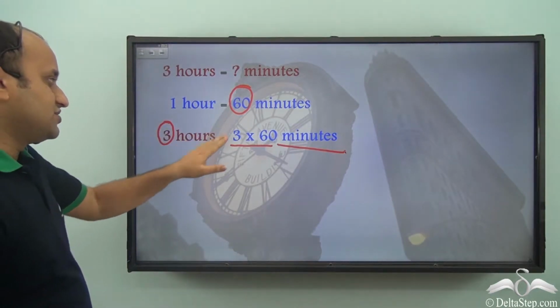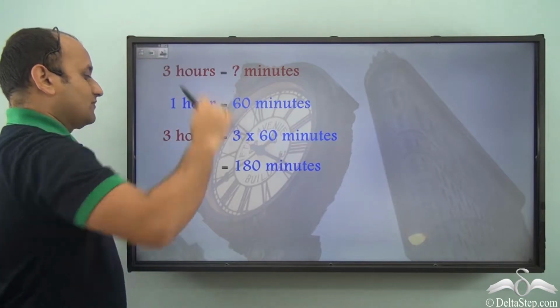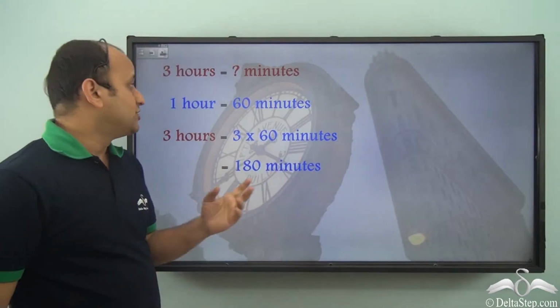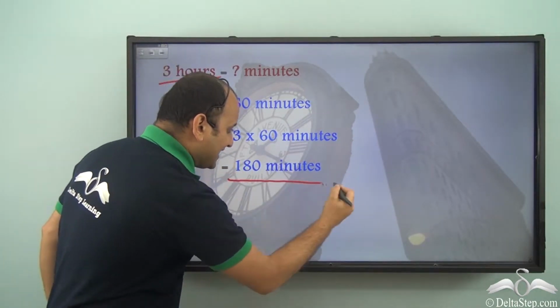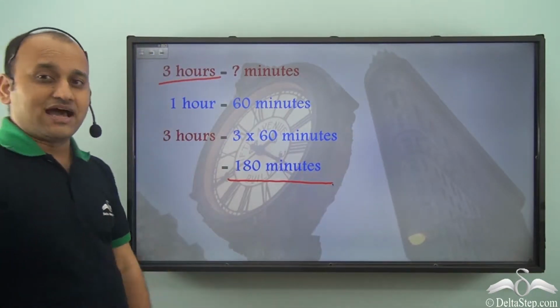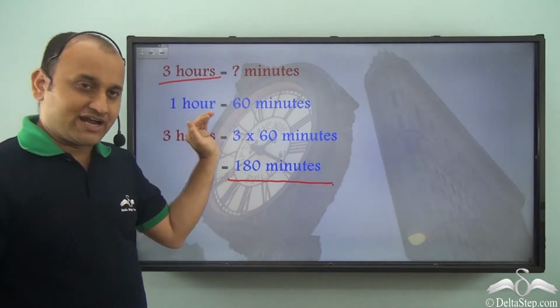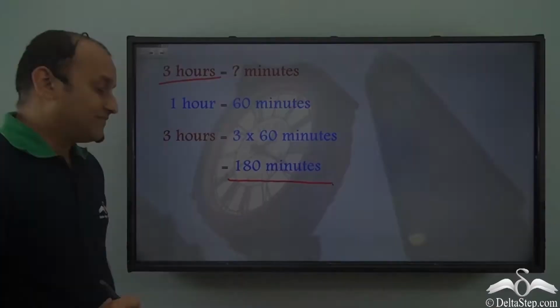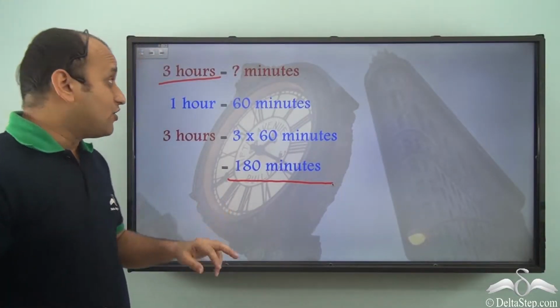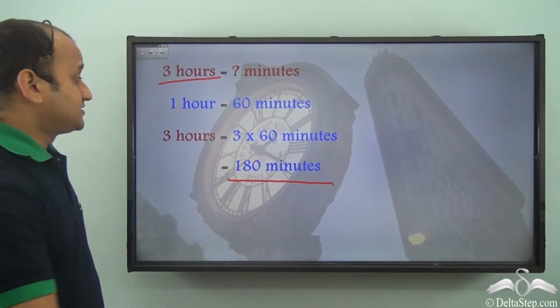So 3 hours is equal to 3 into 60 minutes, which is 180 minutes. So 3 hours is equal to 180 minutes. So this is the answer, and we converted using this conversion rate, that is 1 hour is equal to 60 minutes, and we multiply because we are converting from larger unit to smaller unit.